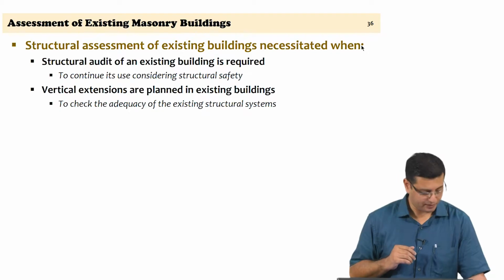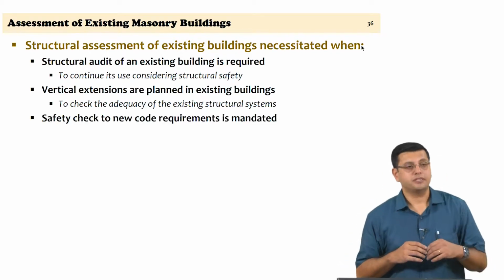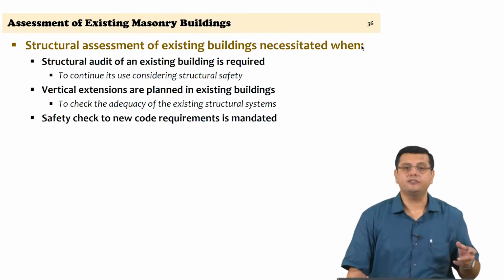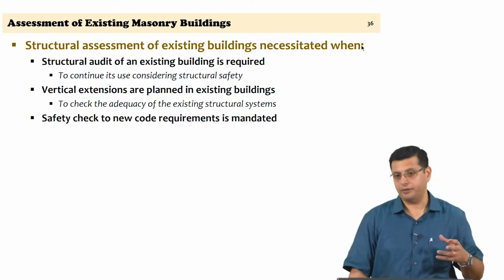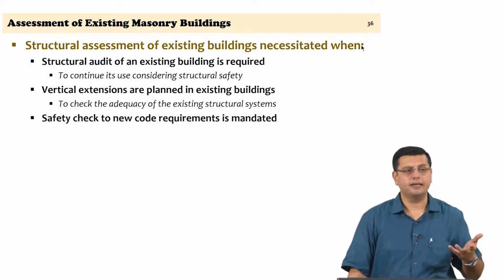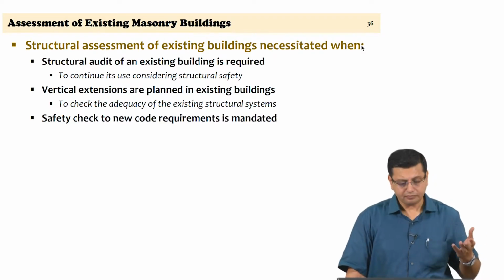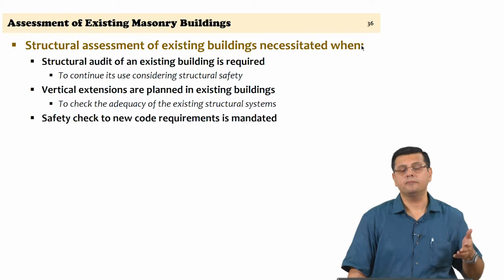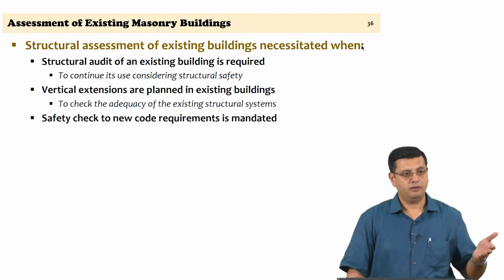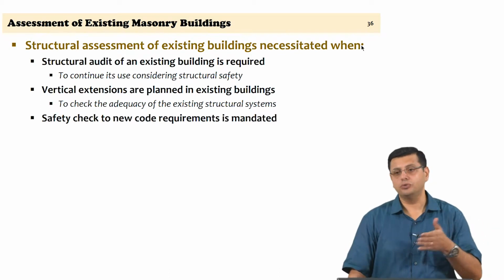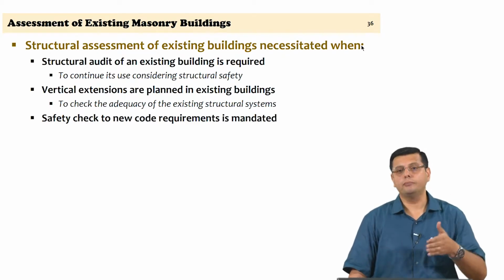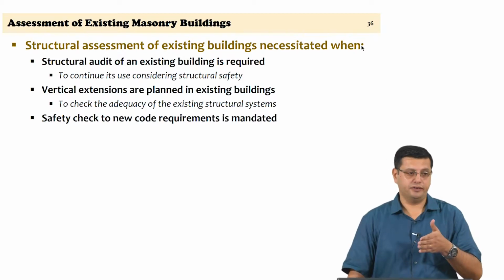A third situation often encountered is when a safety check is required for a new codal requirement, right. A classical example that I can give you is a city like Chennai, which was till 2002 in seismic zone 2, moves in 2002 to seismic zone 3, which would mean that the earthquake demand prescribed by the code is now different.